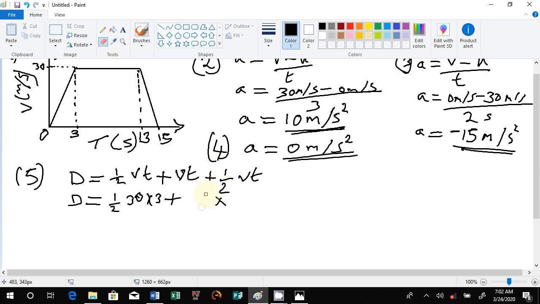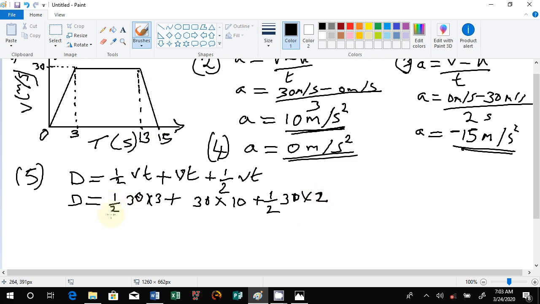That's the challenge of writing in the head. So we are saying 30 multiplied by 10 there. Then the final part, plus half again, the velocity is 30 multiplied by, from there to there, 2 seconds.